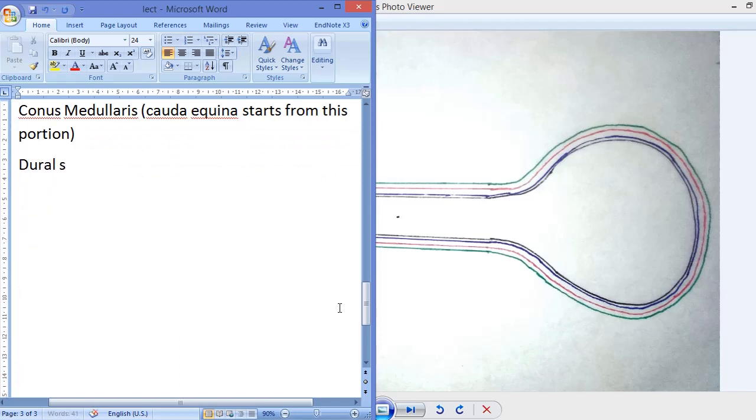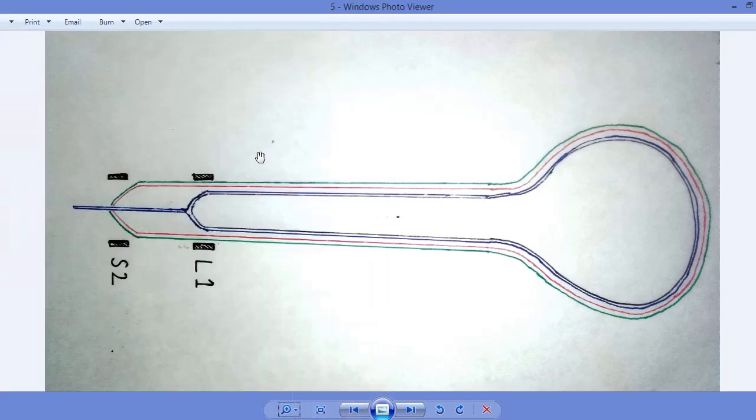The dural sac is a sac-like structure made by the dura mater and the arachnoid mater below the conus medullaris, and it exists from L1 to S2, the sacral 2 portion of the vertebral column.